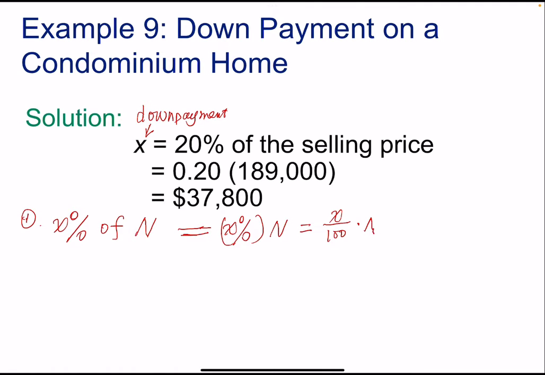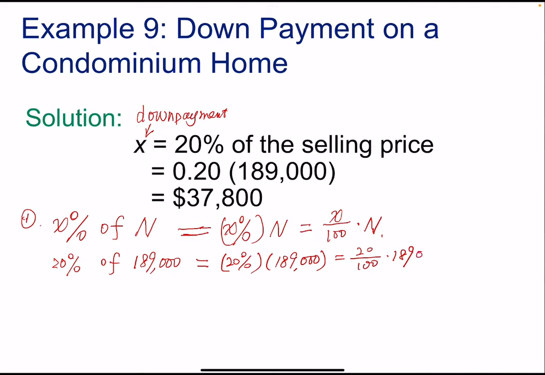So this is what we are doing here. 20% of 189,000 is equal to 20% times 189,000, equal to 20 over 100 times 189,000, right?